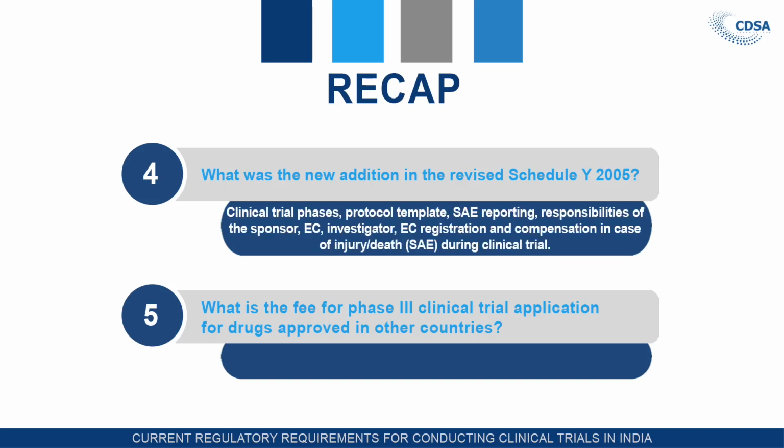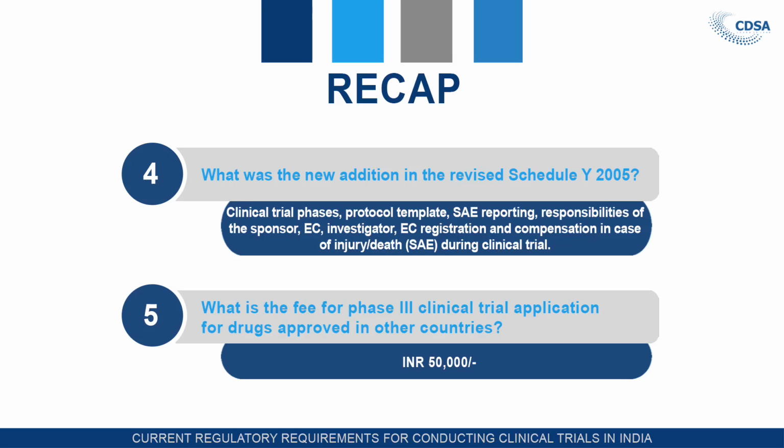So we have seen there were many additions, that is clinical trial phases, protocol template, assay reporting and others. Question 5. What is the fee for phase 3 clinical trial application for the drug which is approved outside the country? So the fee requirement is 50,000 for the drug which is approved outside the country and somebody would like to import it.